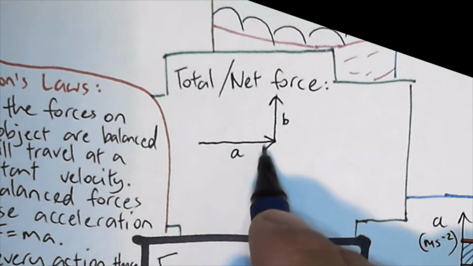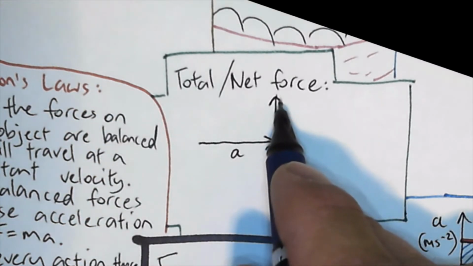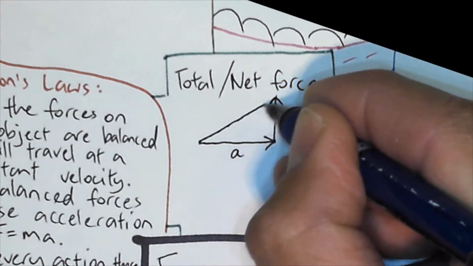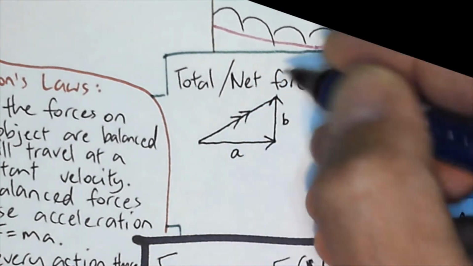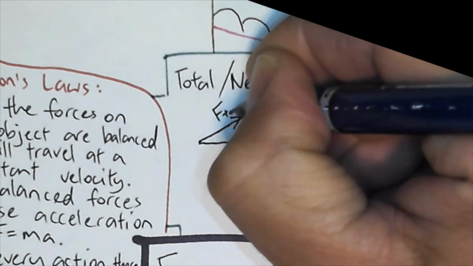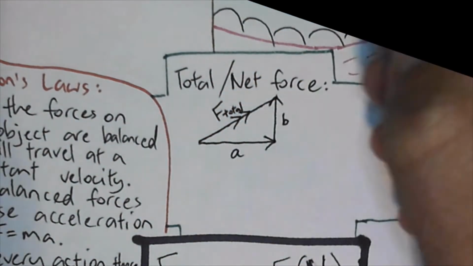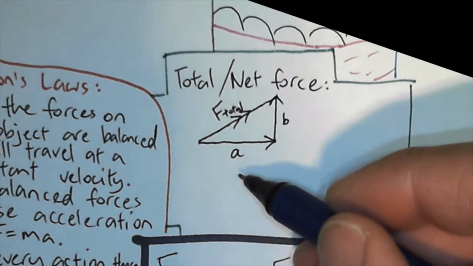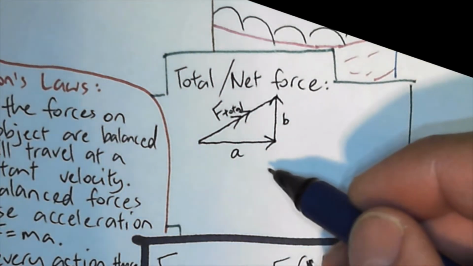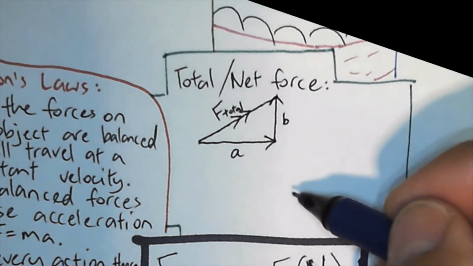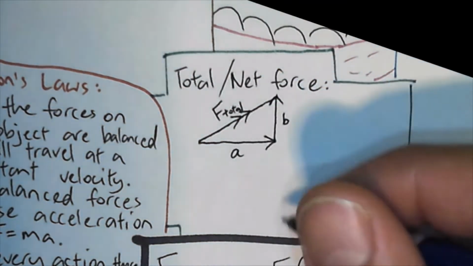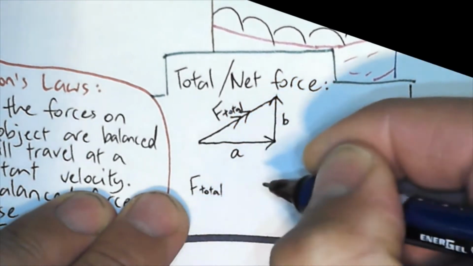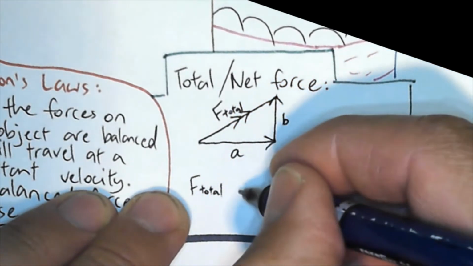You can draw the first force, you can draw the second force on the object, and then the total force is from the first tail to the last head. F total. Now we can't just simply add A to B because that doesn't take into account the direction. We need to add vectors like this where we consider their direction, which means to find the total force here, we actually need to use Pythagoras.